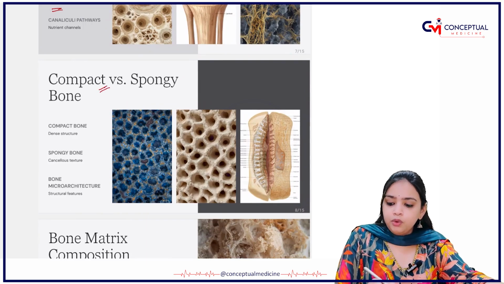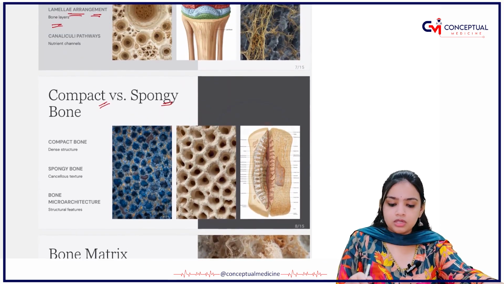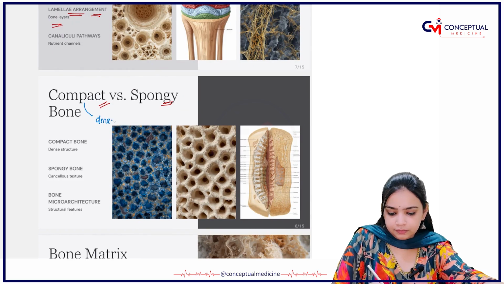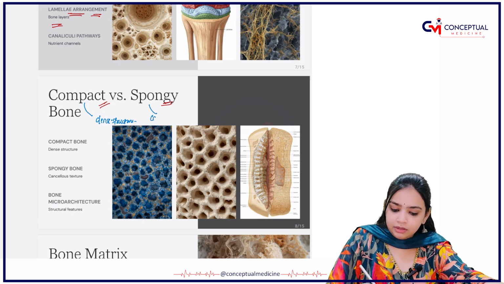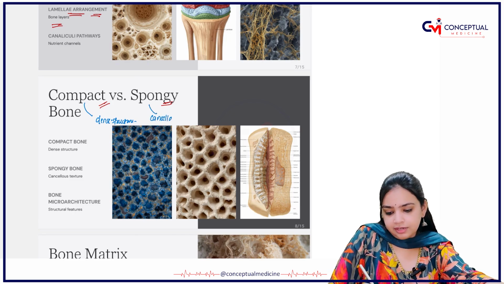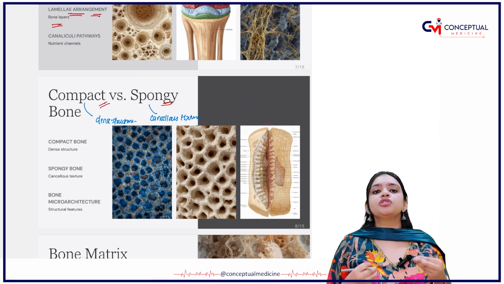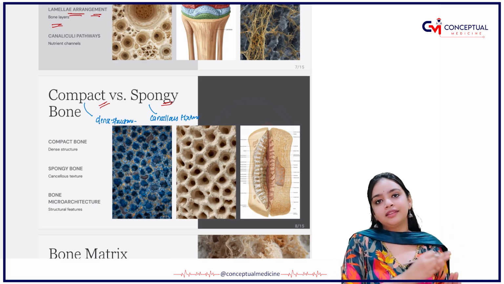Then you need to know about the difference between a compact bone and a spongy bone. Compact bone mainly has a dense structure, whereas spongy bone has a cancellous texture. So we can distinguish these kinds of bones based on their structure.